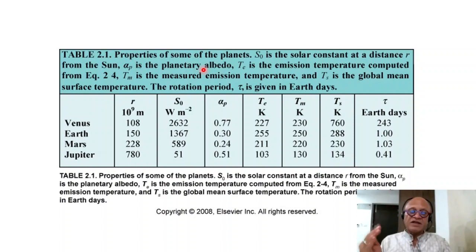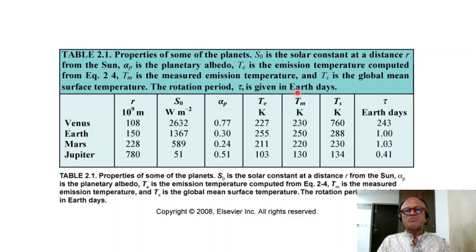For the ocean, the reflectivity even depends on the angle of the sun, for example. So that is something that's critical to determine how much of the energy actually stays and how much is just thrown back immediately. TE is the emission temperature computed from equation 2, which we will see.